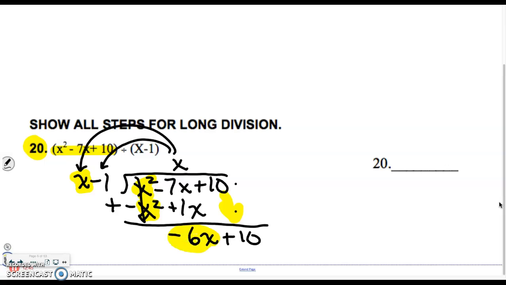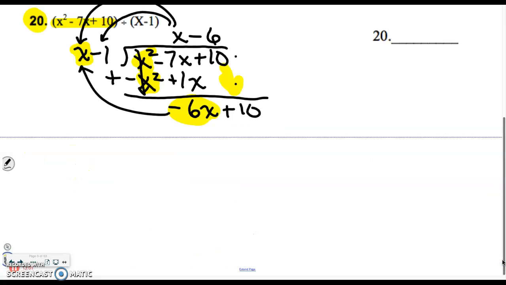We're ready to repeat. We go to this and we say, well, I've got to divide it by x. What happens when you get a -6x and you chop an x out of it? You get a -6. All right. Let's see. How about Murph? Do you remember what I do with this -6 right here?